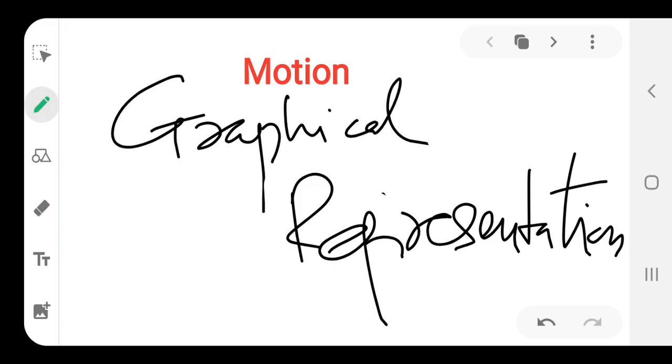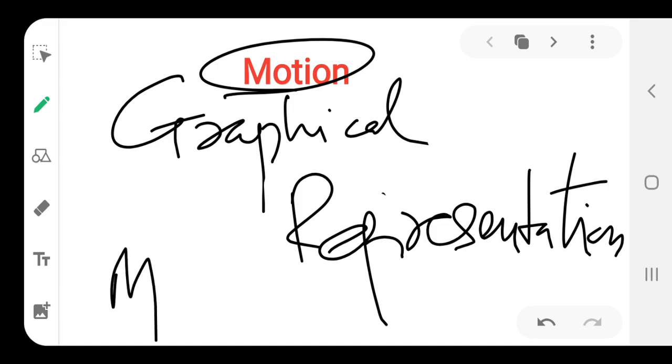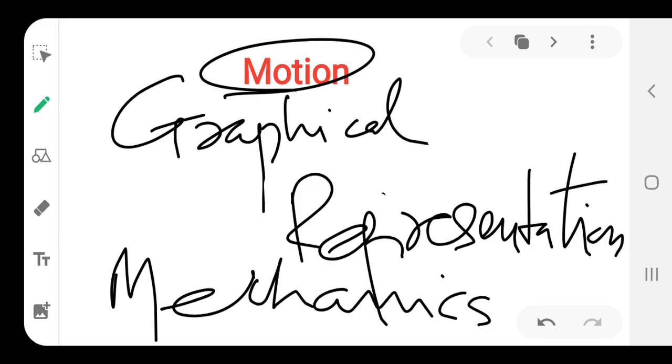Before we study motion, there is one word I hope you know, called mechanics. What is mechanics with respect to physics?